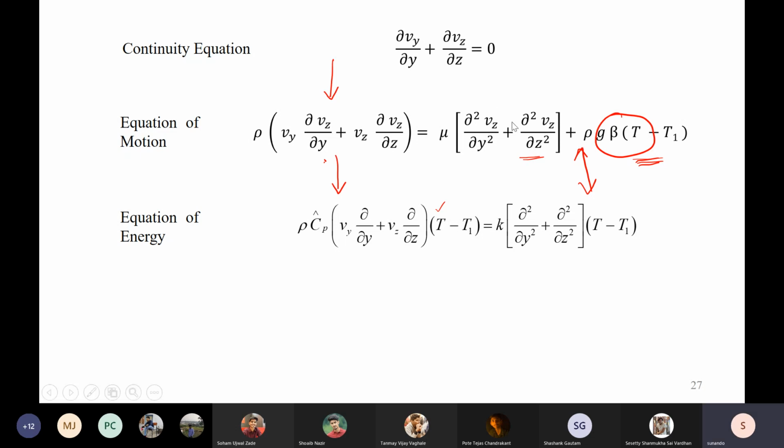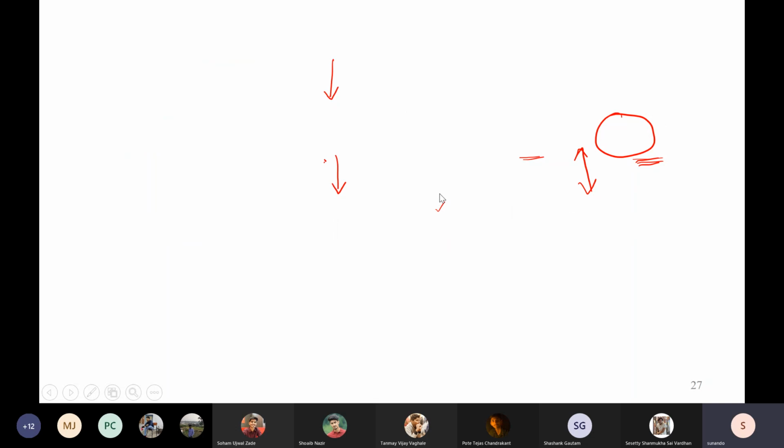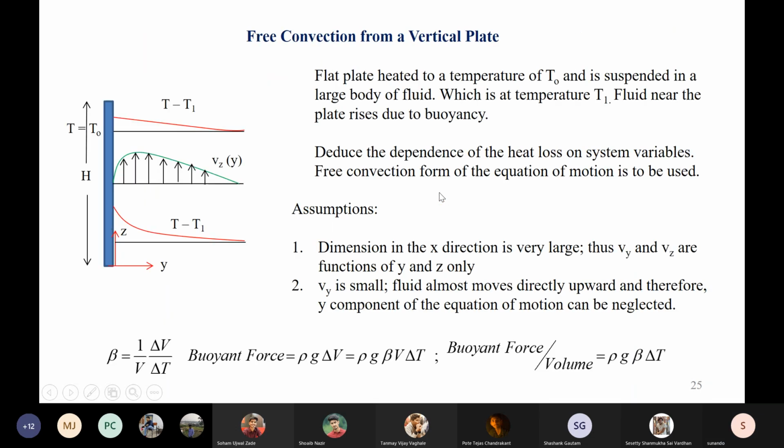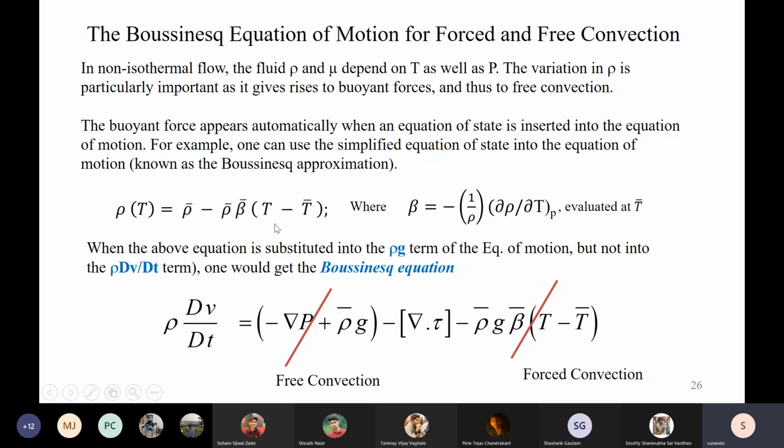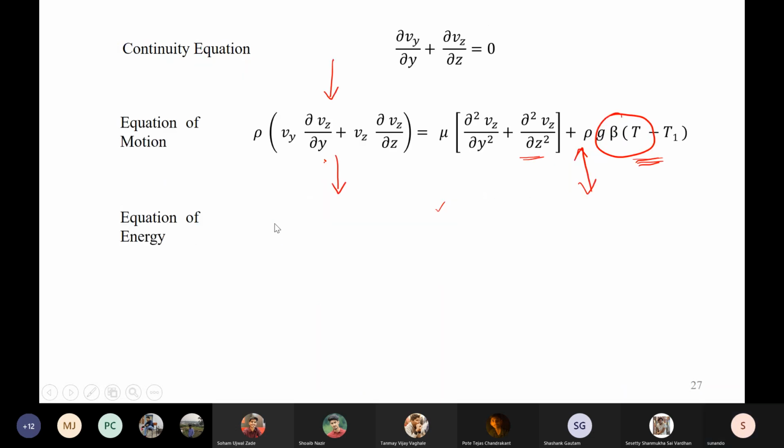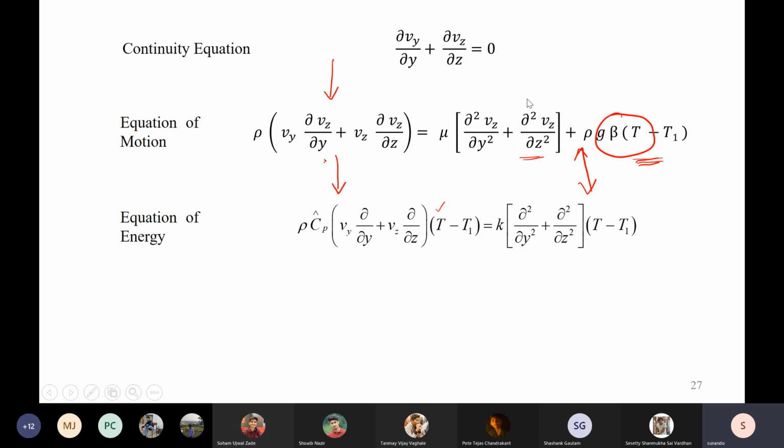These are conductive transport of energy in the direction of flow. If I go back to the picture over here, this is the picture. So del square Vz by del z square is nothing but the conduction in the z direction. Am I correct in dropping this term? Am I correct in keeping both these terms? I would like to hear from you.